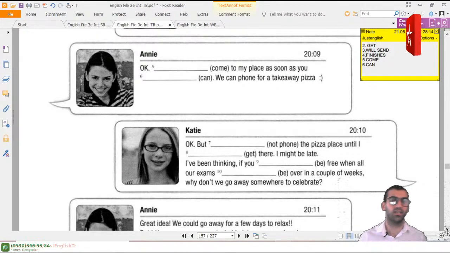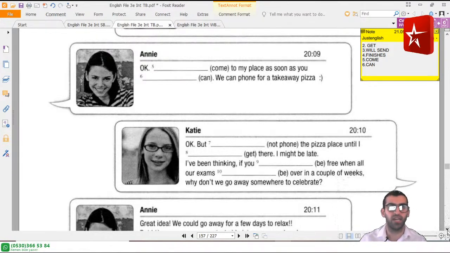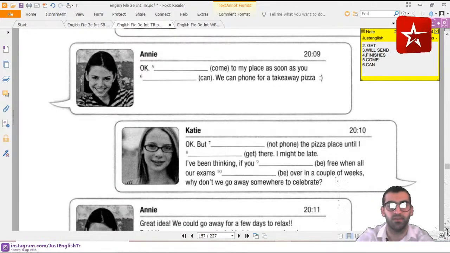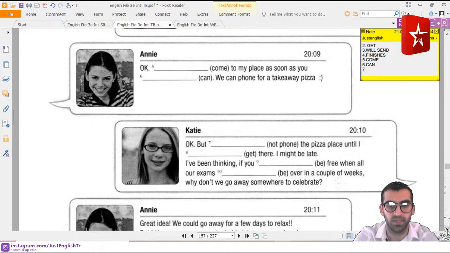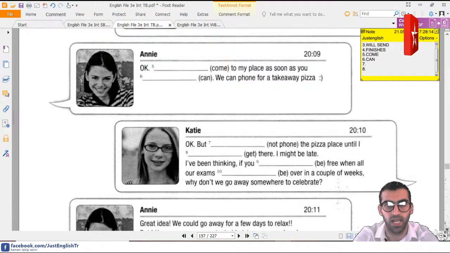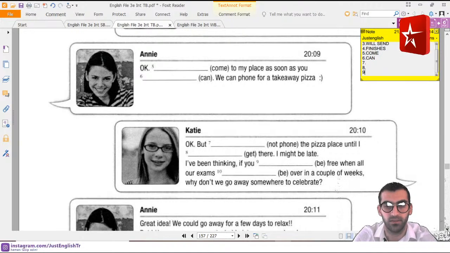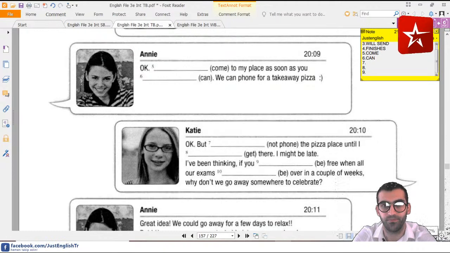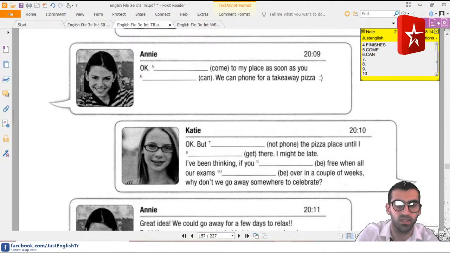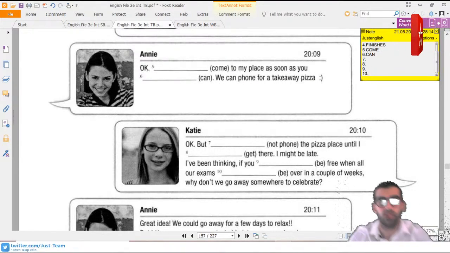What Katie says, okay, but number 7, number 8 and number 9, number 9 and number 10, we have to complete Katie's message.